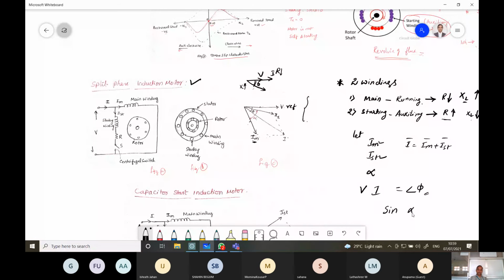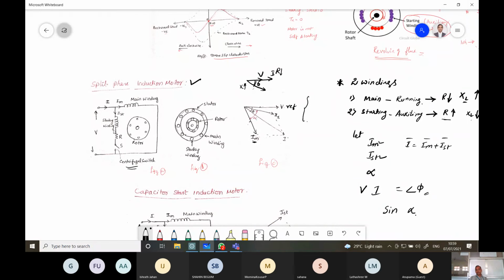The torque is proportional to sine alpha. Therefore a centrifugal switch, this S, is connected in series with the starting winding. The function of this switch is that it automatically disconnects the starting winding at the time of running.